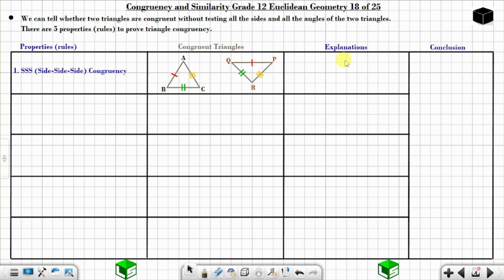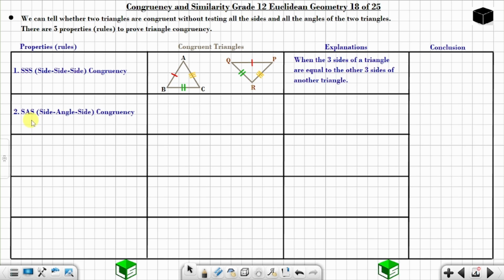So we are going to explain as when the 3 sides of a triangle are equal to the other 3 sides of another triangle.